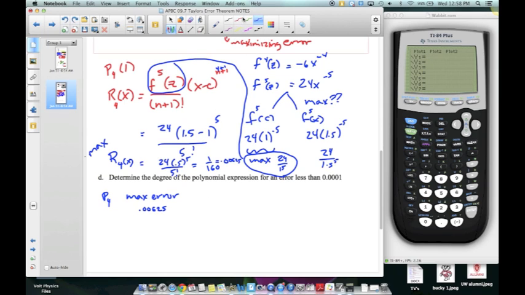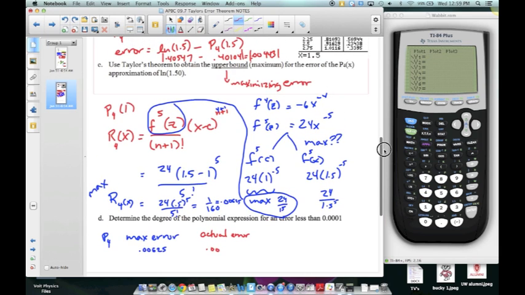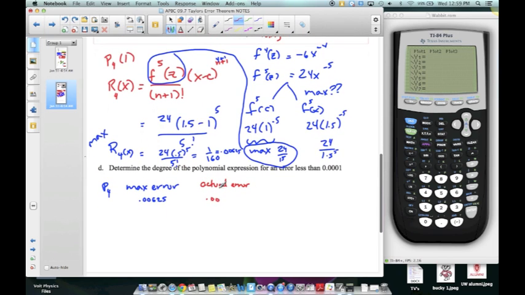We have an actual error, because we can calculate the natural log of 1.5, of 0.00443 for a P4.